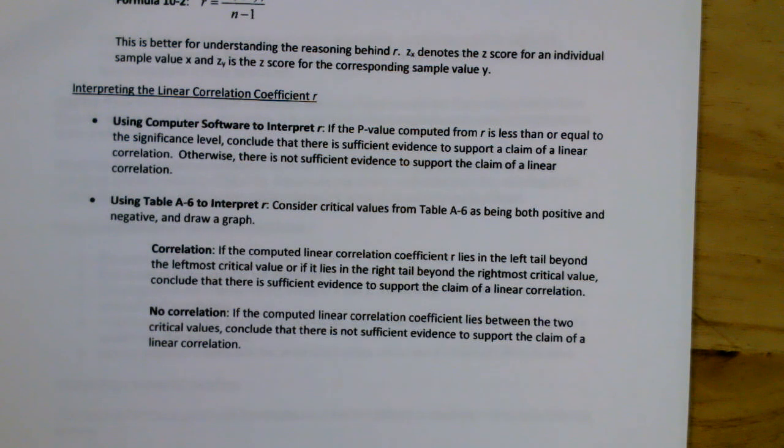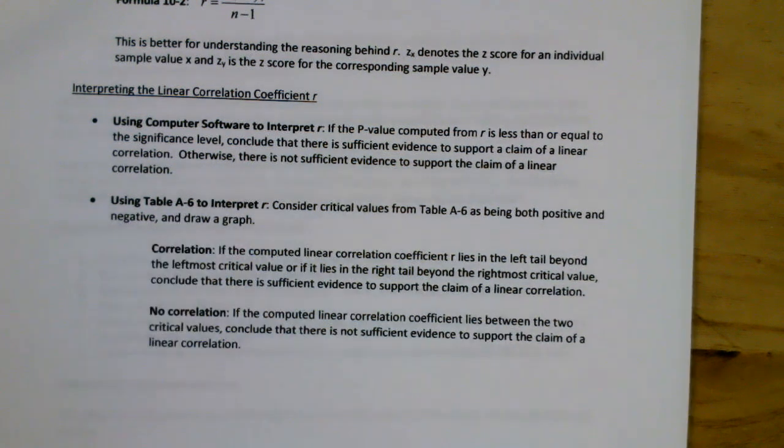Otherwise, there's not sufficient evidence to support the claim of a linear correlation. What that means here is your p-value is greater than your level of significance. Now, on the TI-83 and 84 Plus calculator, you'll be given the r value as well as the p-value. That way you can use the p-value to compare with your level of significance.